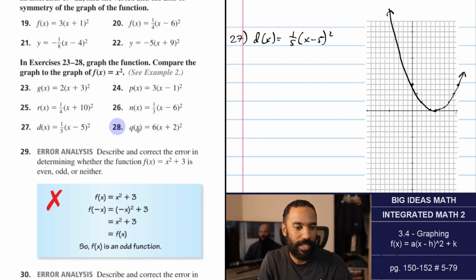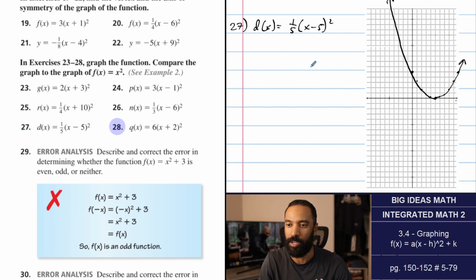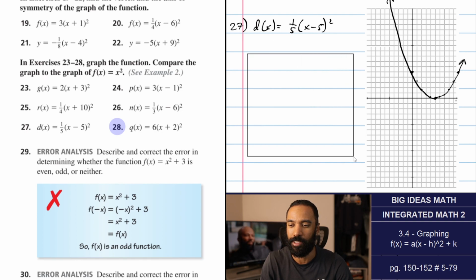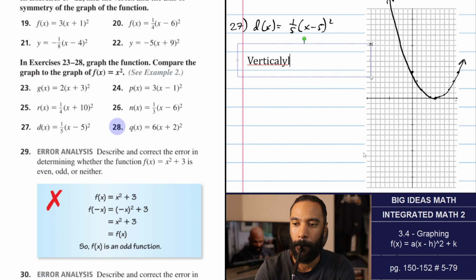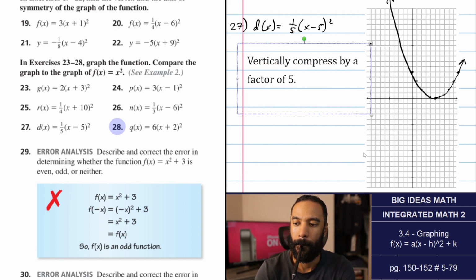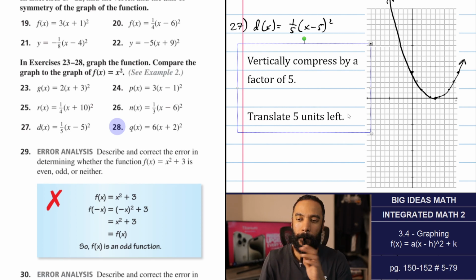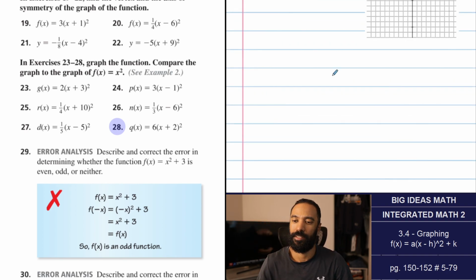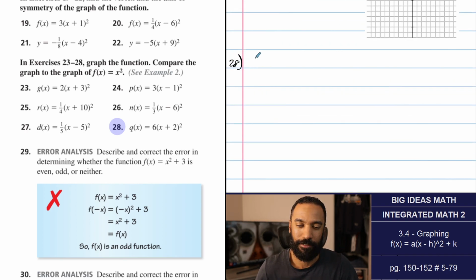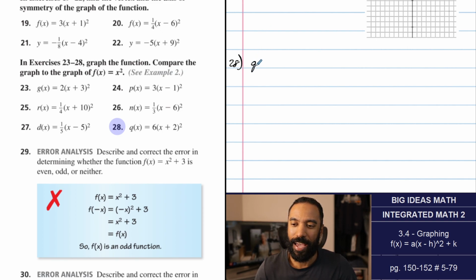Q of x equals 6 times x plus 2 quantity squared. Oh, I'm sorry. Let me first say this before I keep going. There we go. Okay, number 28. Hopefully the last graph for a while.